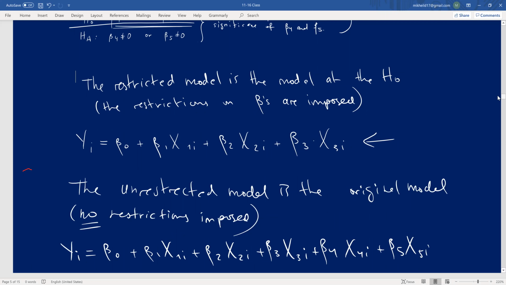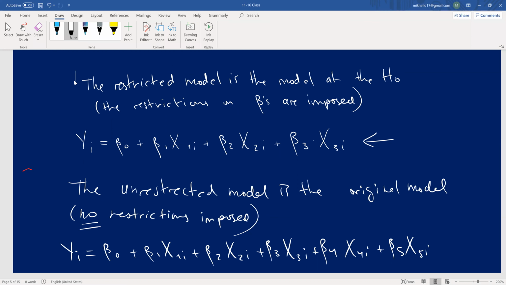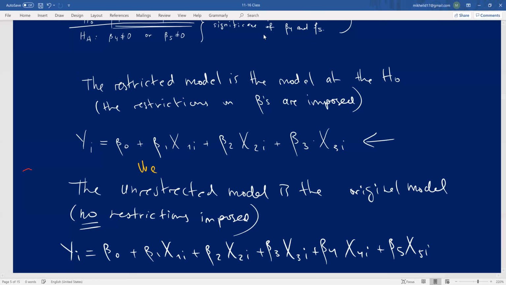Yep. And so again, as I said, I will give you guys examples. I will do the examples in class and exercise also this coming Wednesday. But still, I think it's useful to understand first what we are doing. So we can obtain both SSR and R squared from this model, right?